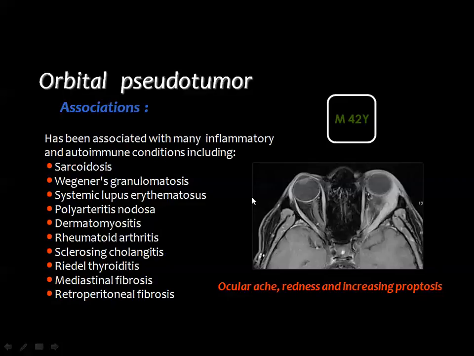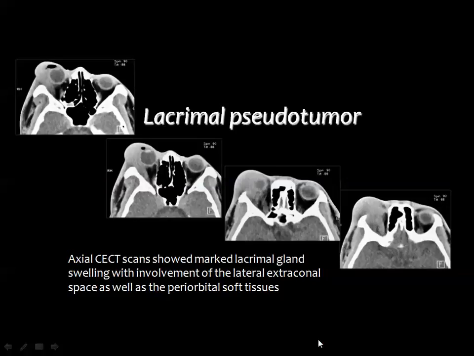This is an example of orbital pseudotumor by MRI T1 weighted images after fat suppression. You see the smudging of the intraorbital fat, the swelling of the lateral rectus, and the involvement of the lacrimal gland as well. And this is an orbital pseudotumor affecting the lacrimal gland as well as the eyelid, which are diffusely swollen.